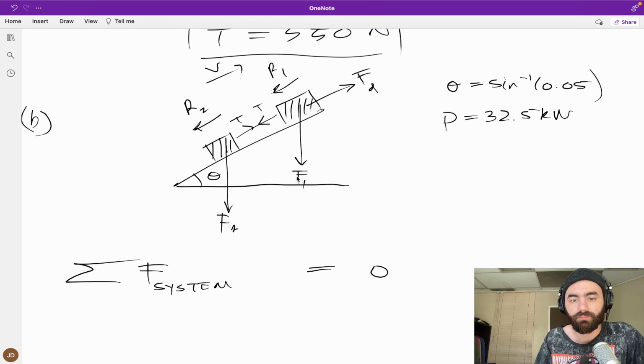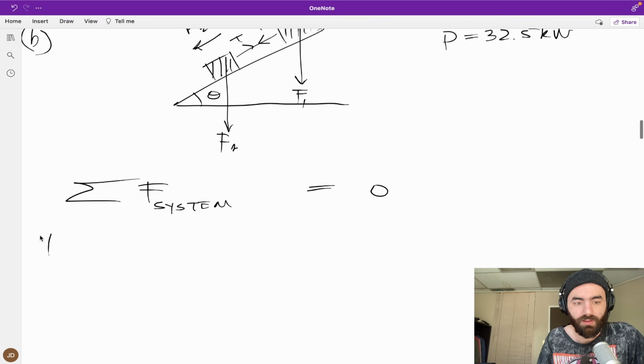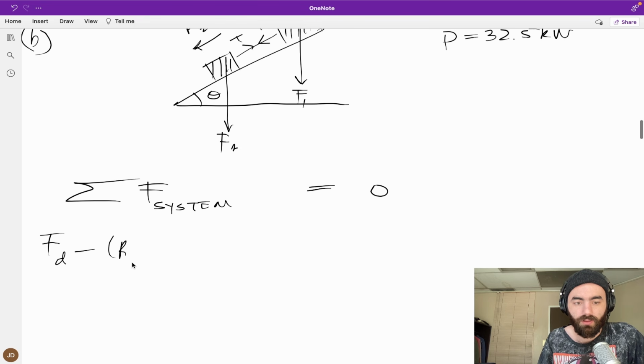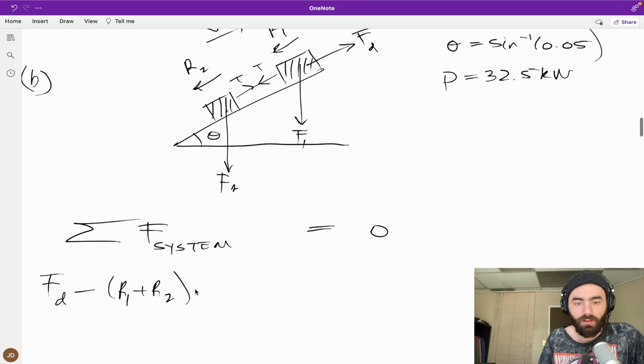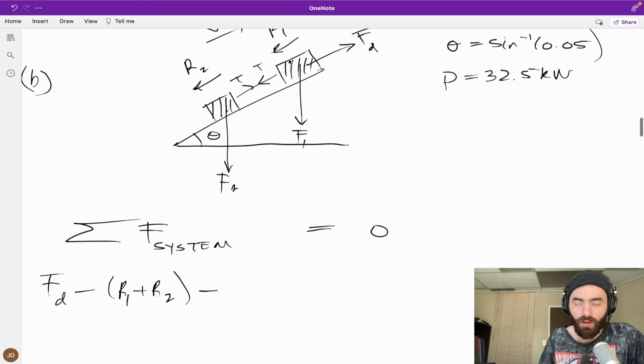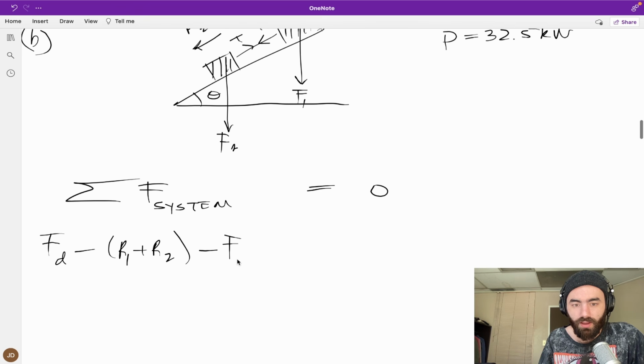And this is just going to equal Fd minus R1 minus R2, then minus the force down the slope due to gravity from the car and the caravan, which should be F1 sine theta plus F2 sine theta.